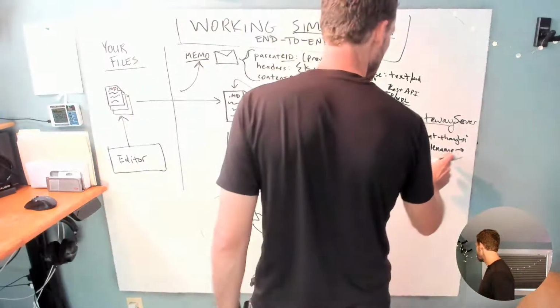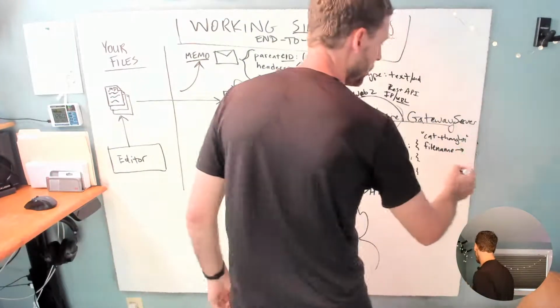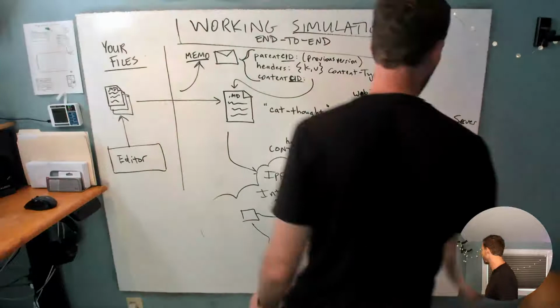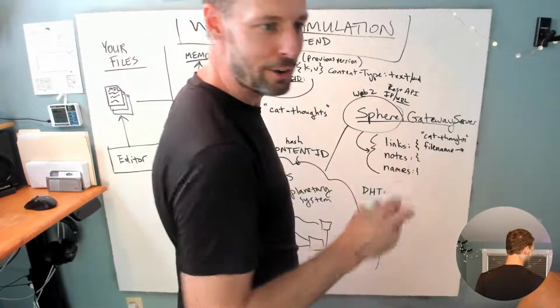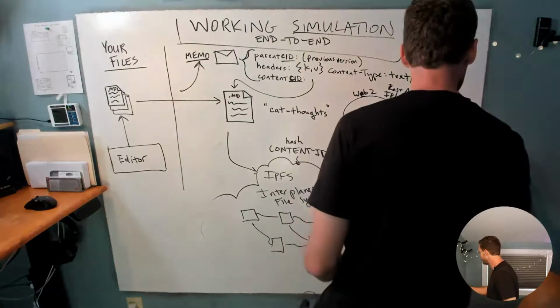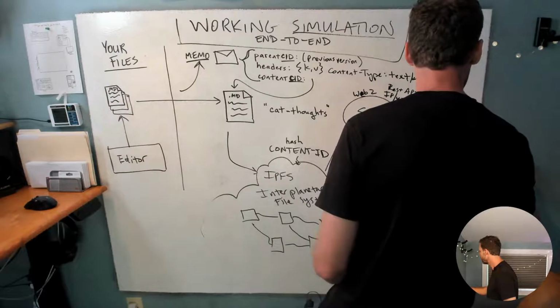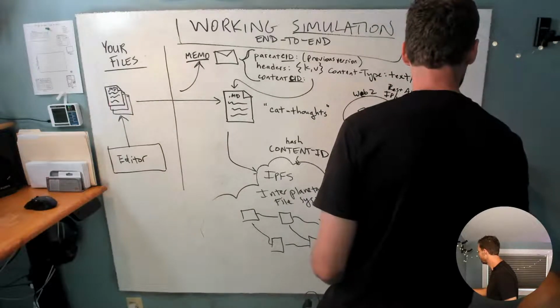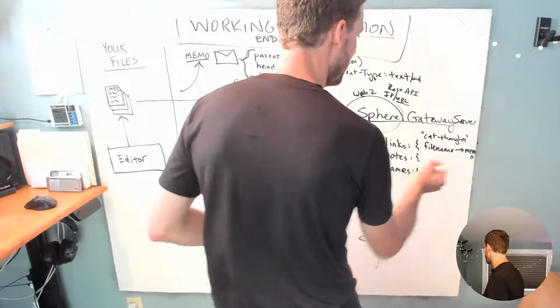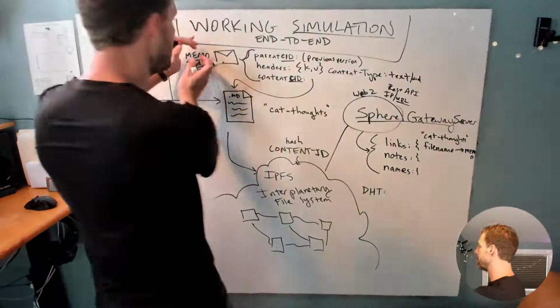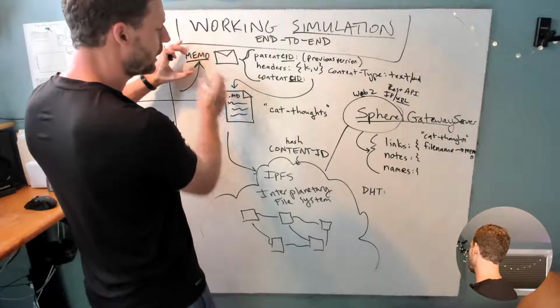Okay, gotcha. So in that case, the important thing right here, I'm going to go with the "or wherever" part of Chris's explanation. The important thing is that the file name dereferences to a memo. Running out of whiteboard space over here. So this memo, you can basically look it up by file name.